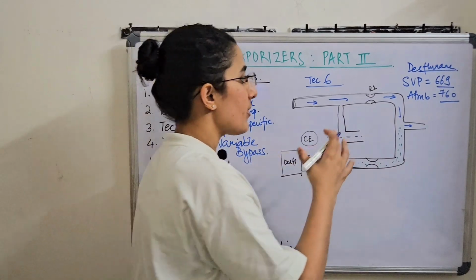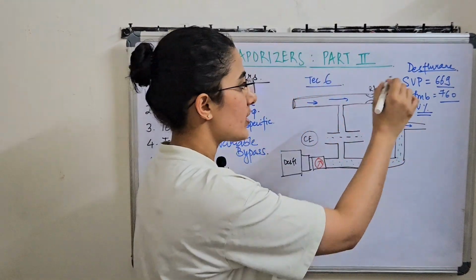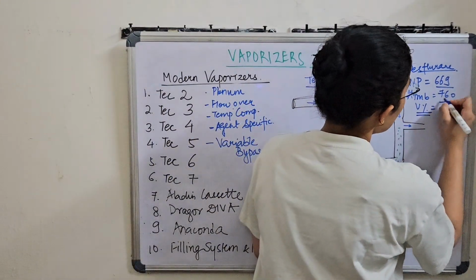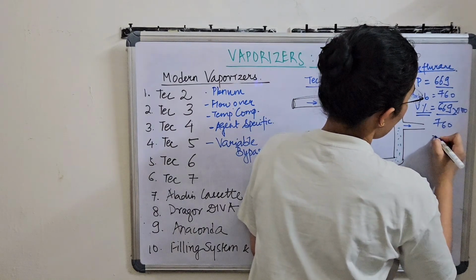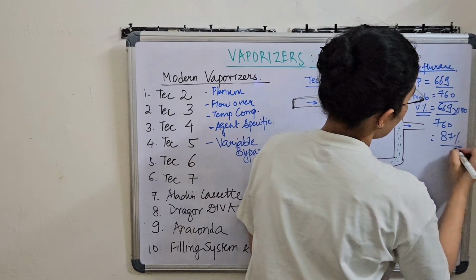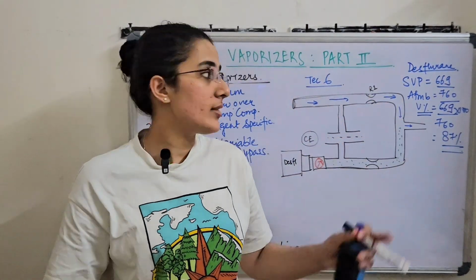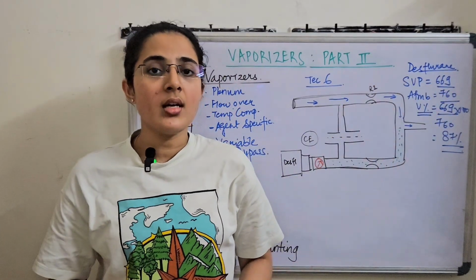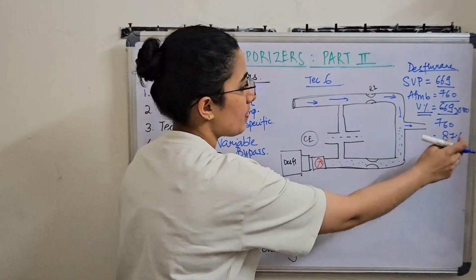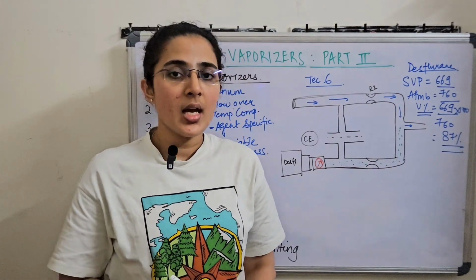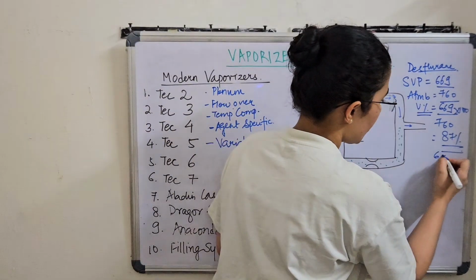First, let's see what volume percentage we would achieve by using this saturated vapor pressure. That is 669 divided by 760 into 100, which comes to approximately 87%. So when the saturated vapor pressure is so close to atmospheric pressure, desflurane is actually producing about 87 percent volume concentration. But what we use in our everyday practice is about 6%.